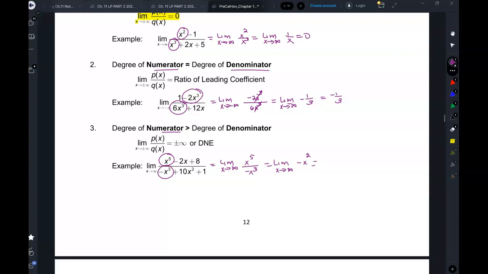So the limit here will be what? Negative infinity. You okay? Yeah. Okay. So if this gets infinitely large, this whole thing will be negative infinity. So you can say negative infinity, or you can say DNE, but negative infinity is preferred.